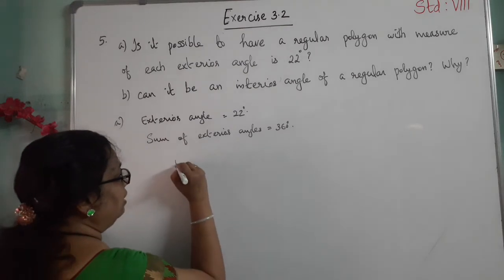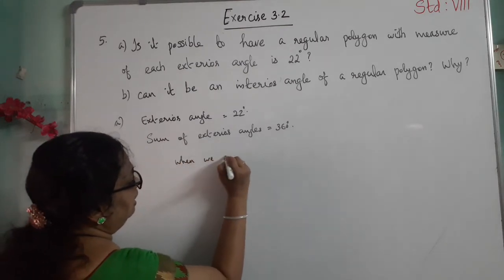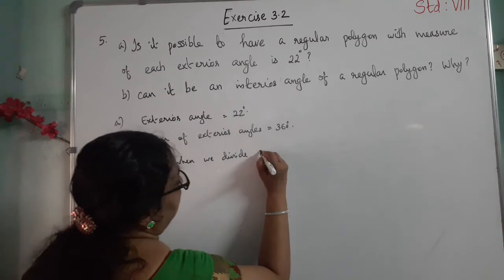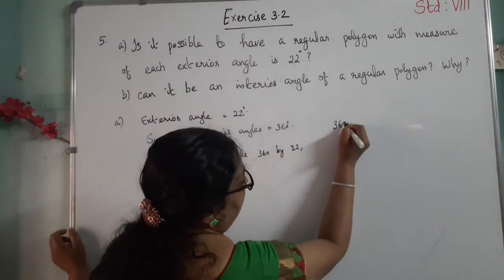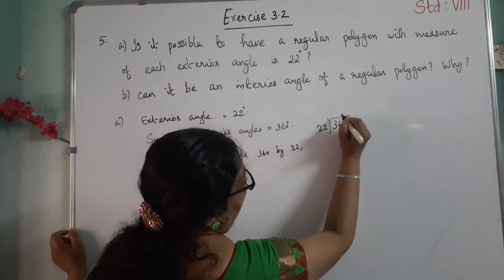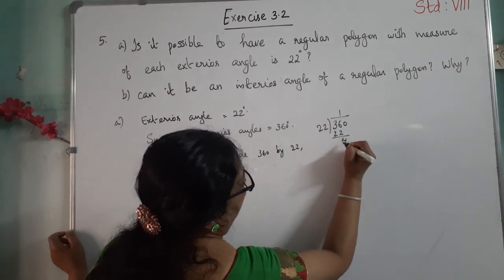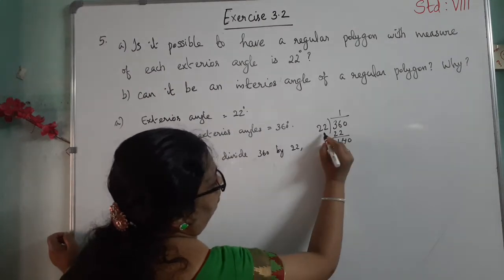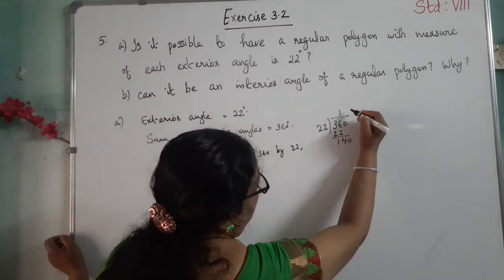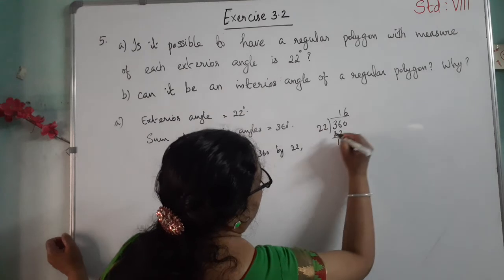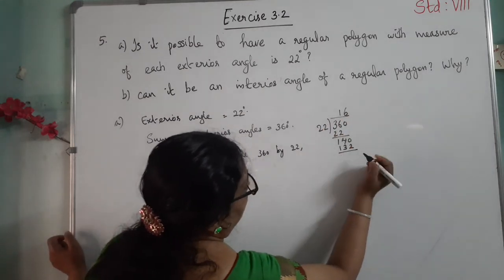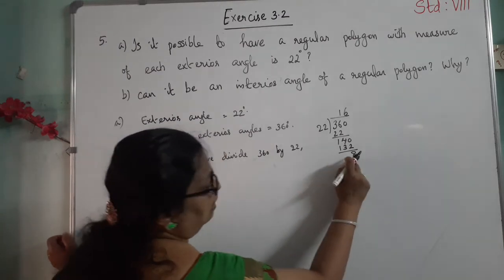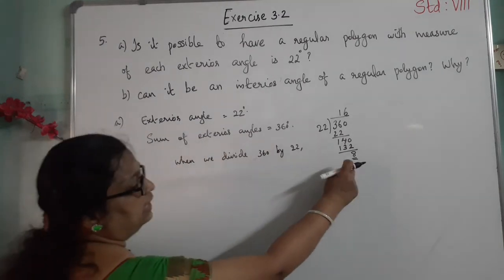Then when we divide 360 by 22, we get a remainder of 8.